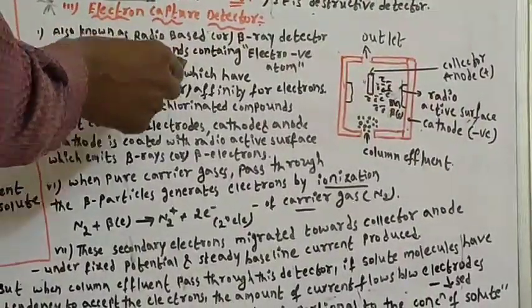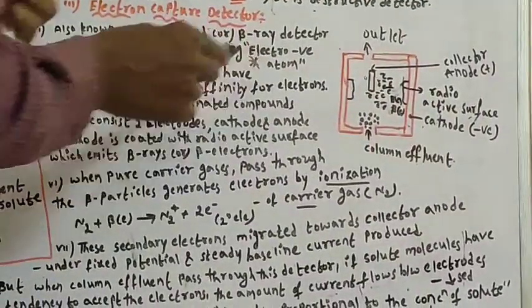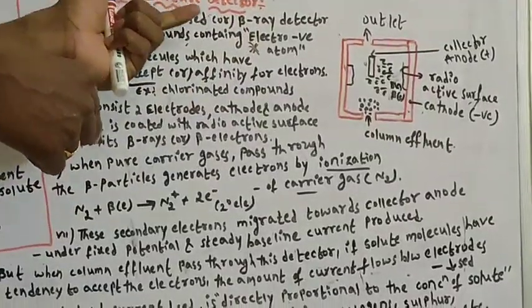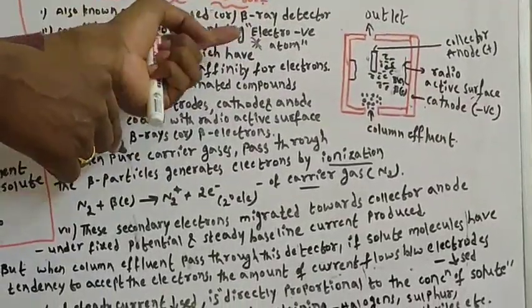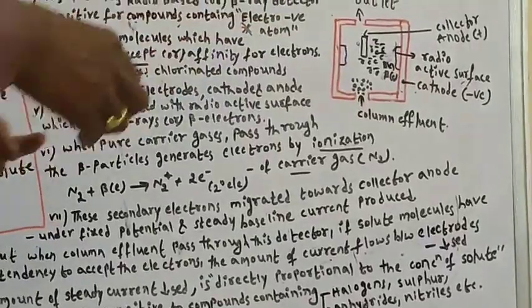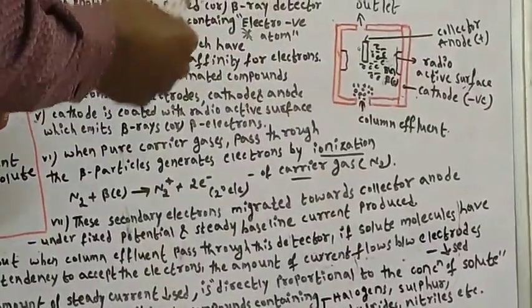It is sensitive for compounds containing electronegative atoms. Very important: the electron capture detector is sensitive for compounds containing electronegative atoms, because they have electron capturing property.